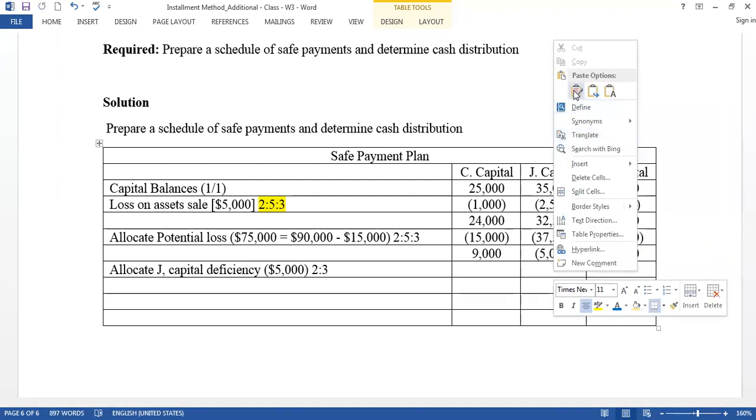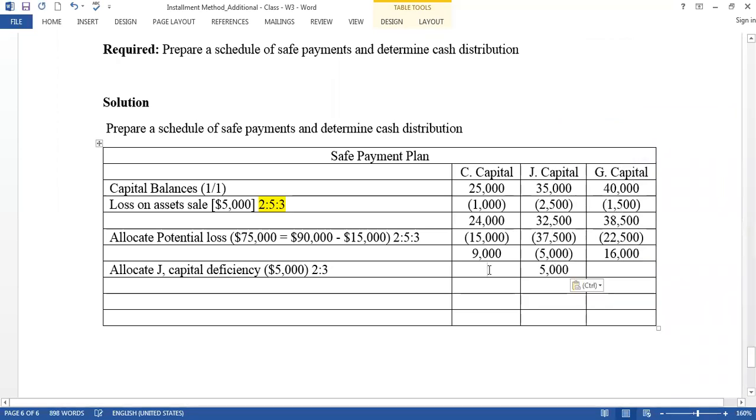He is going to receive $5,000 capital from them: $2,000 sacrificed by C, and remaining $3,000 sacrificed by G. After that, they have $7,000, which is not going to receive any money, and it is $13,000.